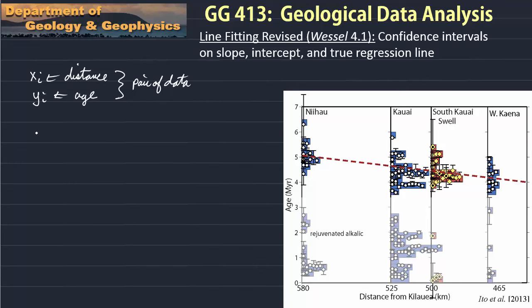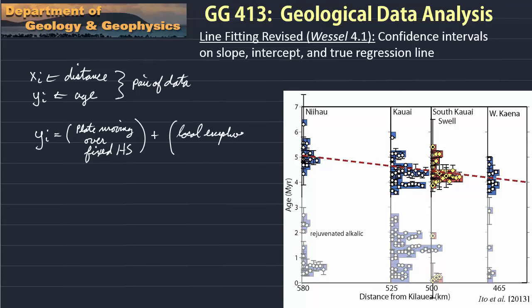And so the age of each of our lava rocks is influenced by the plate moving over a fixed hotspot, and it's also influenced by local eruptive processes. The local eruptive history of each volcano.